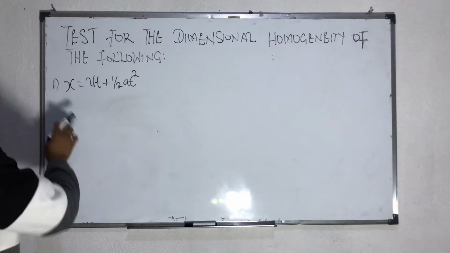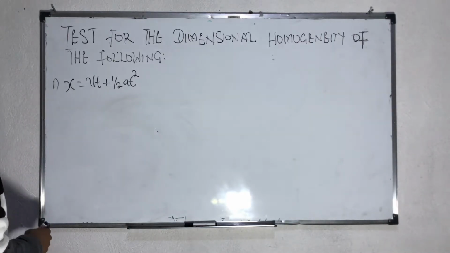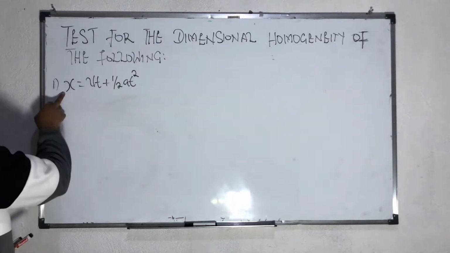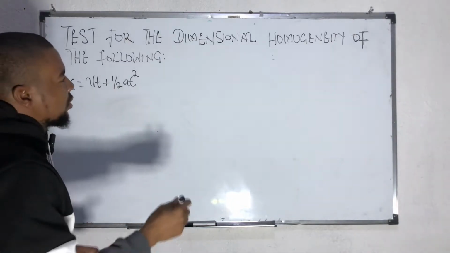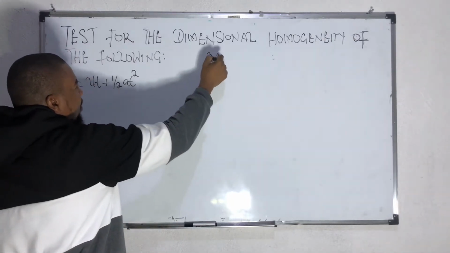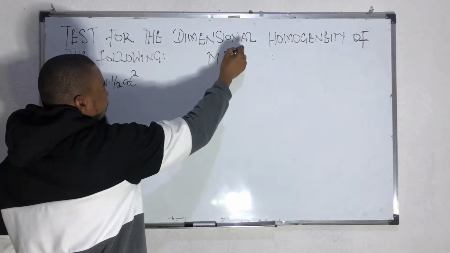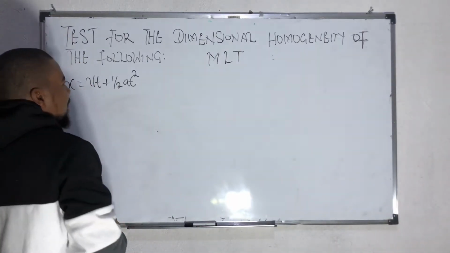Okay, now here we have x. X is measured in meters, right? And x is displacement. Well, you need to know about these three fundamental quantities, which are mass, length, and time. You need to know this whenever you're doing your dimensioning.